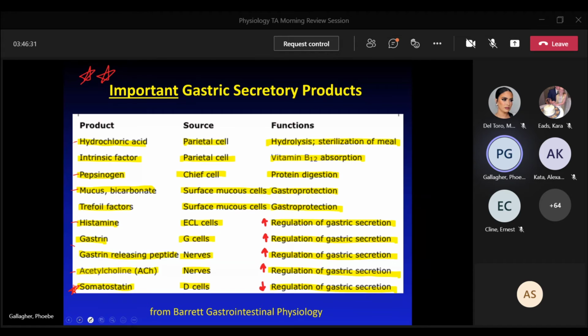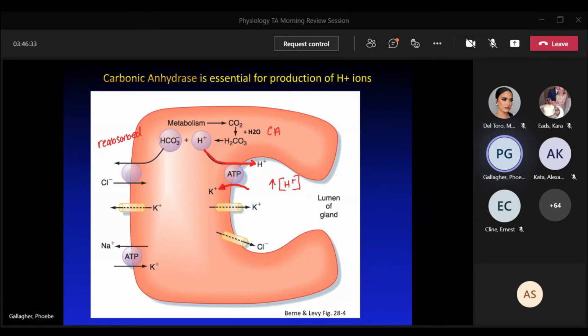Okay, so carbonic anhydrase is also found in your gastric cells. I think it's your parietal cell. So your parietal cell is going to have carbonic anhydrase, which is super important for making protons. Remember, your parietal cell is going to be responsible for secreting hydrochloric acid. So this is going to occur through use of CO2 that is made in the cell through the TCA cycle.